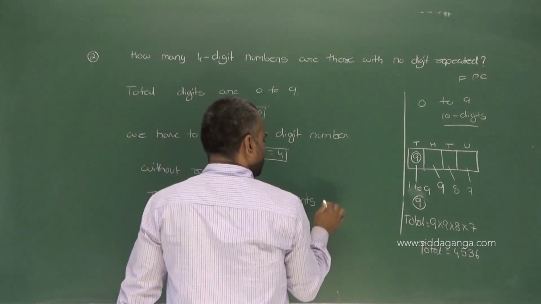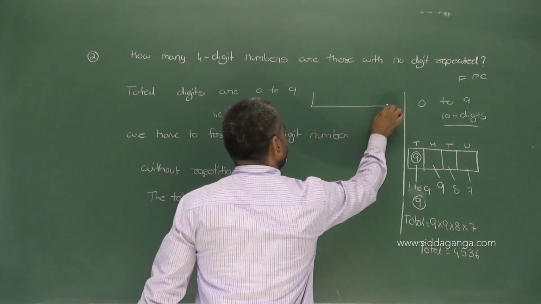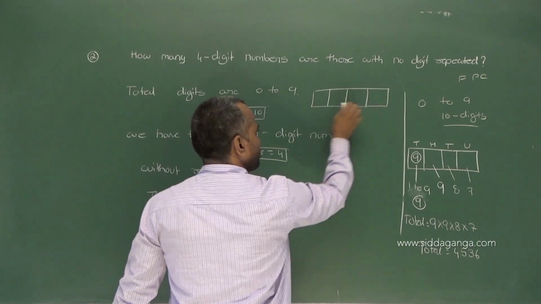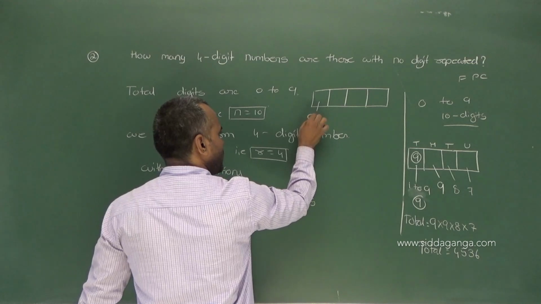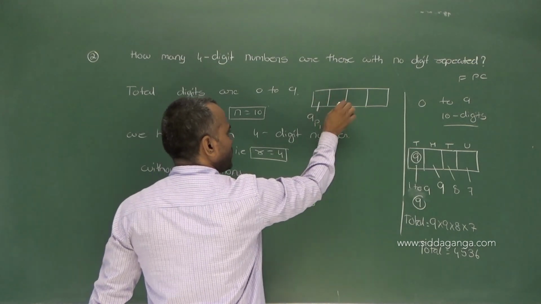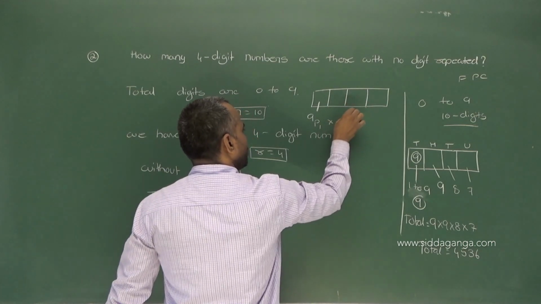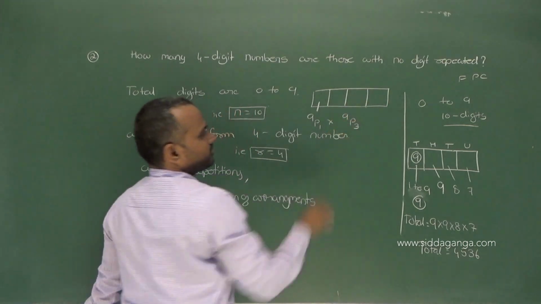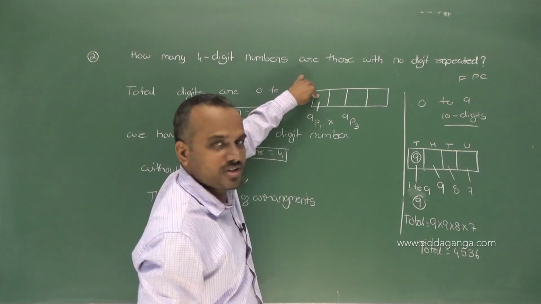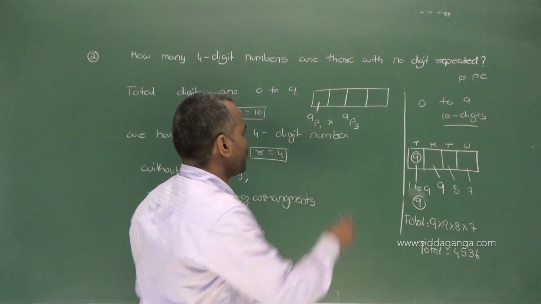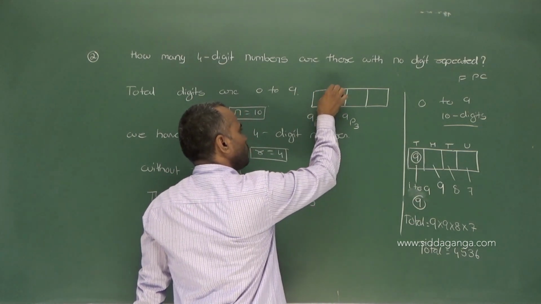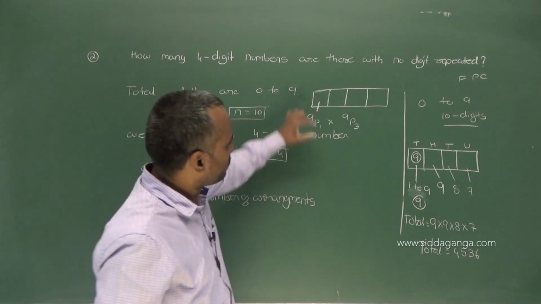So I write one more box here. This one is 9P1: 9 objects we fill in one at a time. Then 9P3. So 4 boxes are there. In the thousands place 0 never comes, which means we use one of 1 to 9 for only one box.